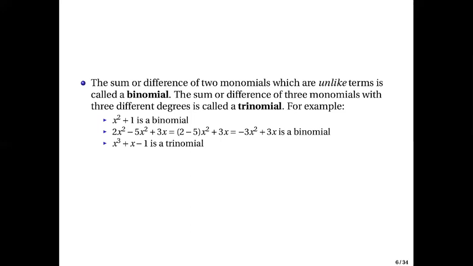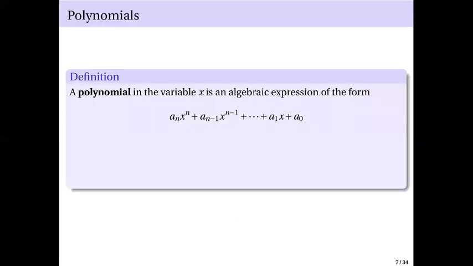And then there are also expressions where you add four unlike terms. Okay? Four monomials, unlike terms, five monomials, unlike terms. So we will call them by their general name, which is polynomials.